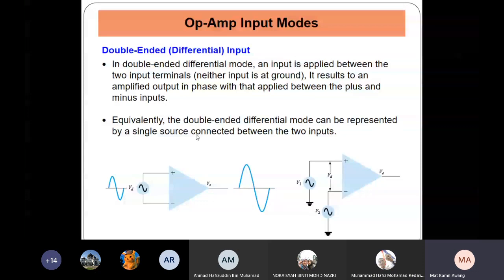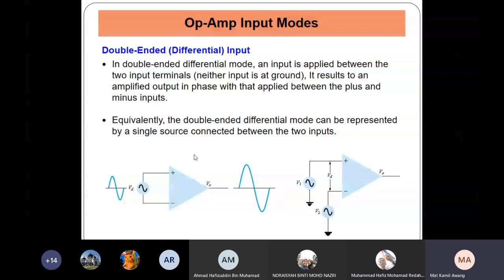So the signal is in phase. If it's positive, the output is also positive, but amplified. If the input is negative, then the output is also negative and amplified. Okay, so this is a double-ended differential input.